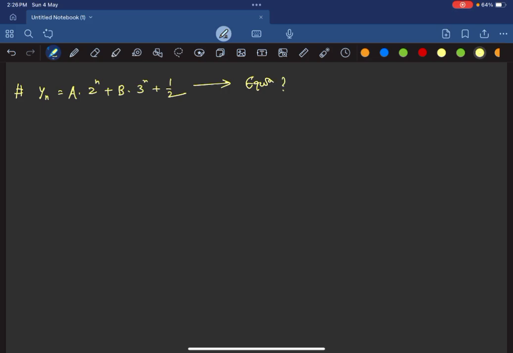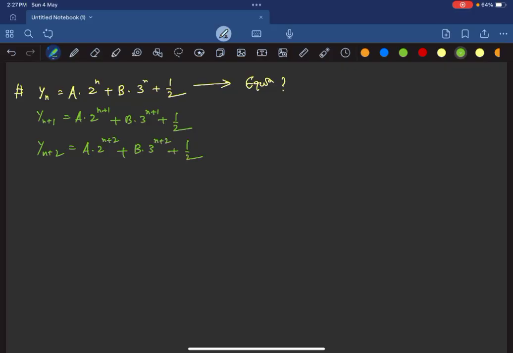Here also there are two arbitrary constants, so we need to eliminate those. Yn plus 1 is a into 2 power n plus 1 plus b into 3 power n plus 1 plus half. Yn plus 2 is a into 2 power n plus 2 plus b into 3 power n plus 2 plus half.